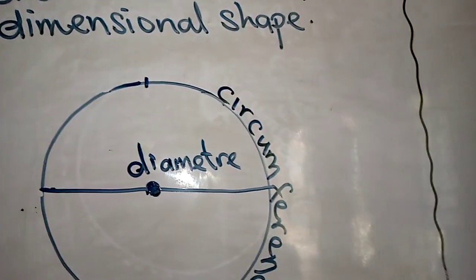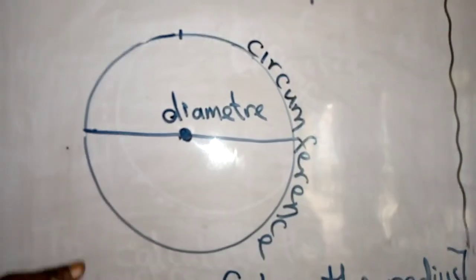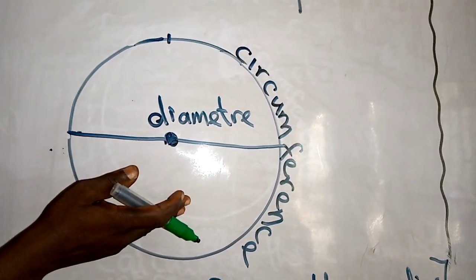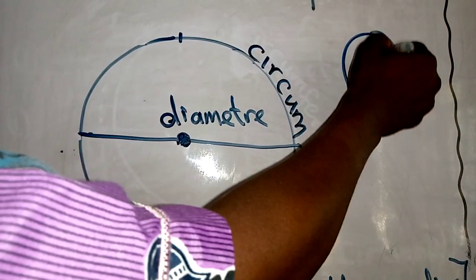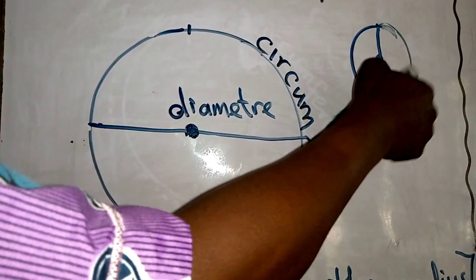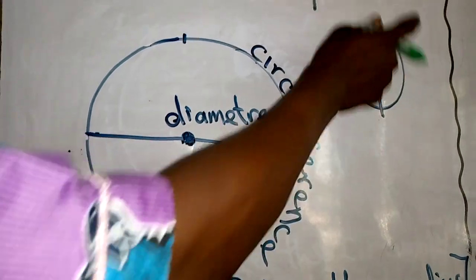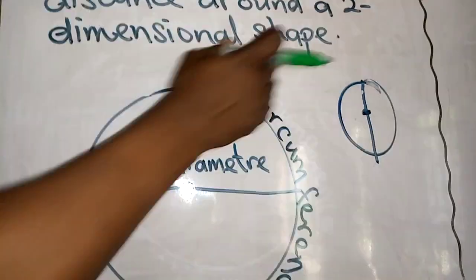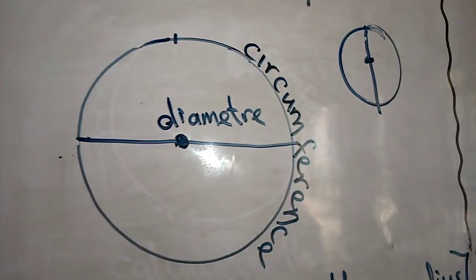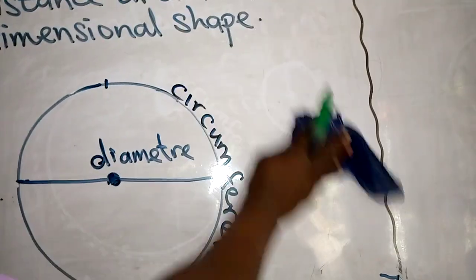You can also have a line like this; this can also be known as diameter. Any line that divides a circle into two equal parts is what we call a line of diameter.